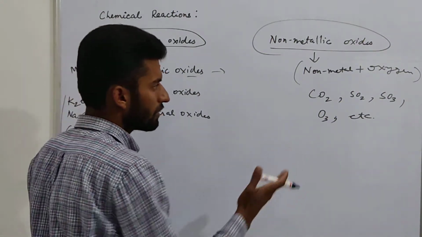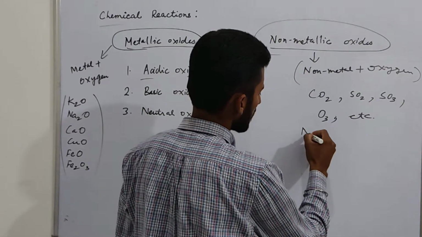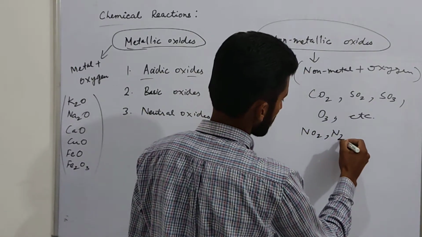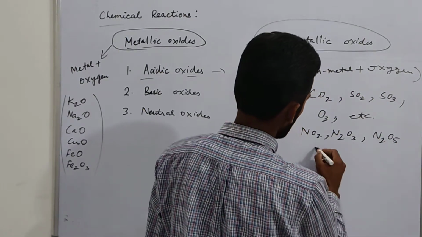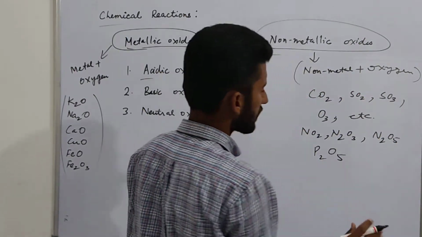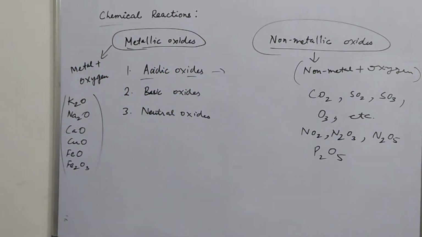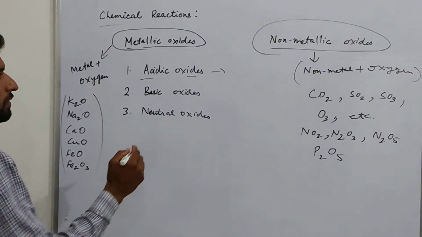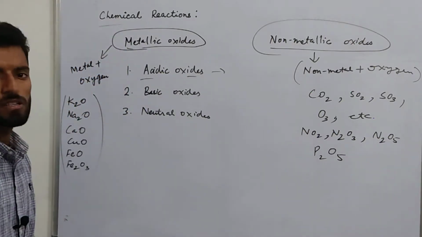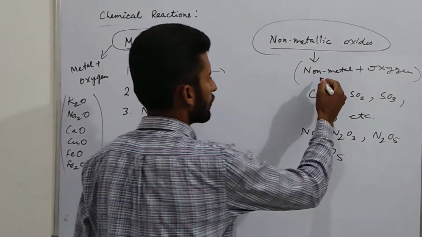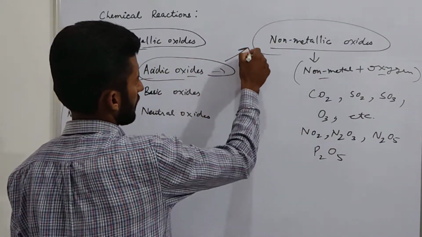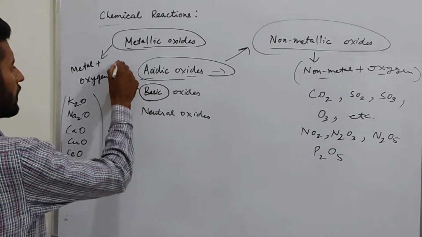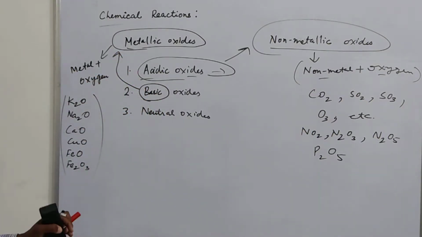Many more different types of non-metallic oxides are there. Only this much you have to remember, like nitrogen oxide, nitrogen trioxide, nitrogen pentaoxide, phosphorus oxide. So many more examples are there. Now one thing you keep in mind: the oxides formed by non-metal and oxygen are generally acidic in nature, and those formed by metal and oxygen are generally basic in nature.